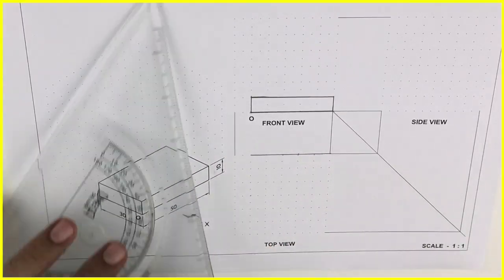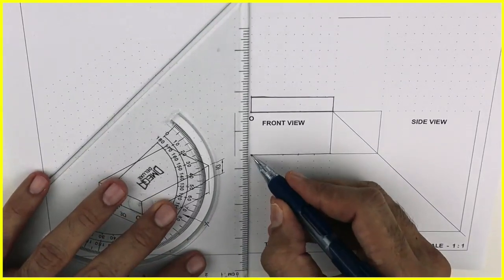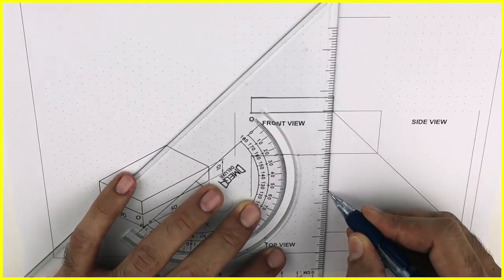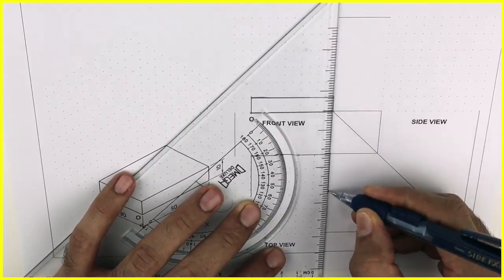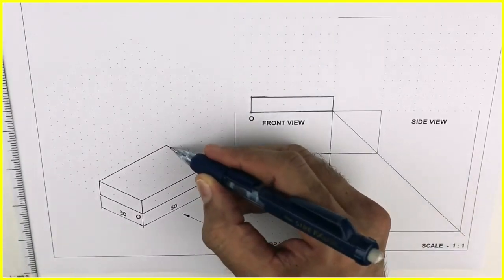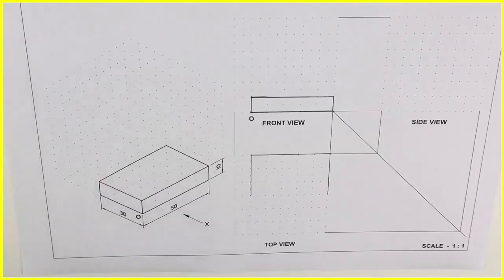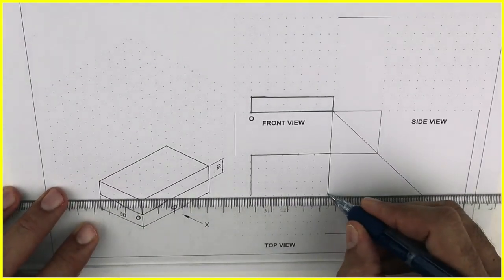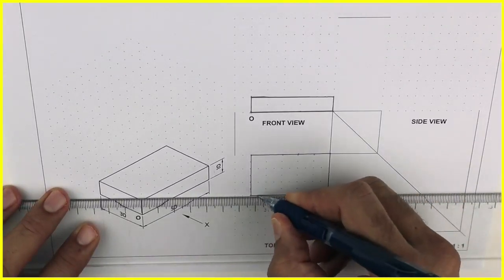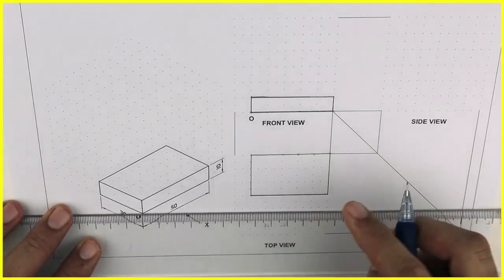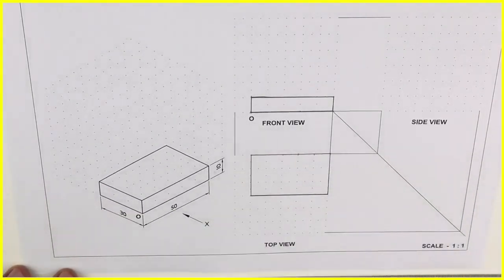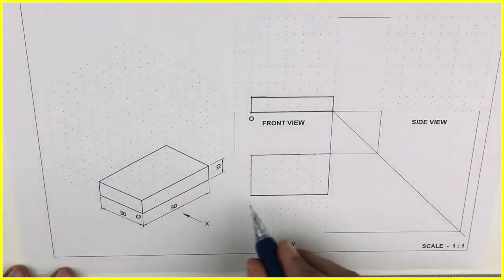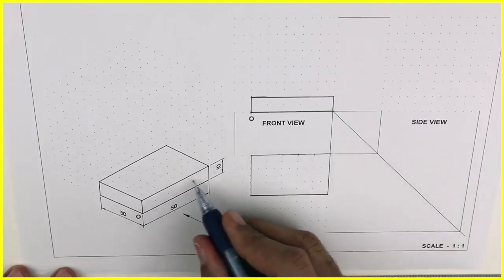So even if you don't have a T-scale, board or anything, with a normal pencil and scale you can do this. So you take 30, 30 from both sides and you will join this. So we'll get the top view. Right? So we are done with the top view, and the front view.